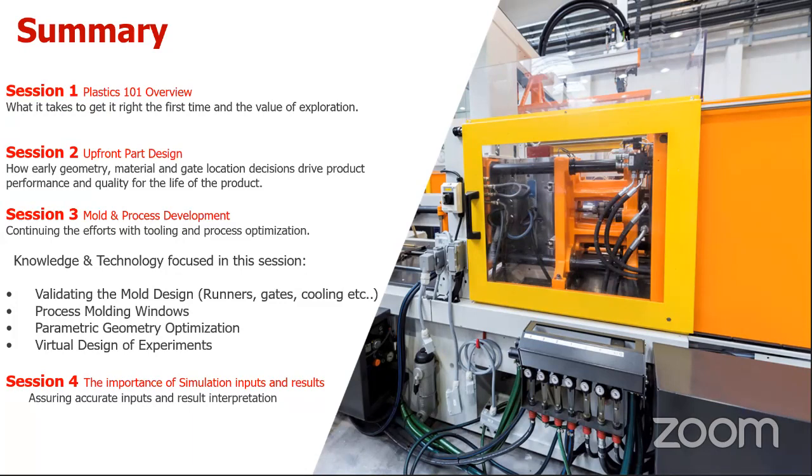Now, for the next session, we are going to be focusing exclusively on simulation itself. So the importance of the nature of the inputs into simulation and the results. You may have heard this: garbage in, garbage out. So how do you make sure that there's no garbage going in? And how do you ensure that the results that you see actually make sense?